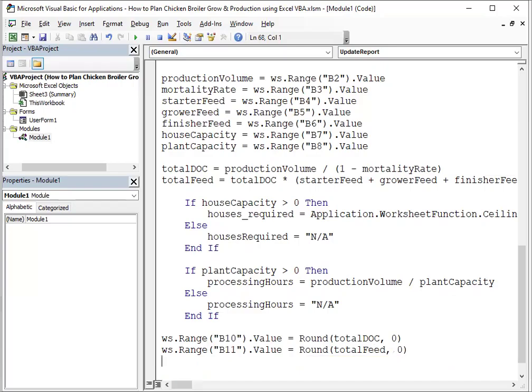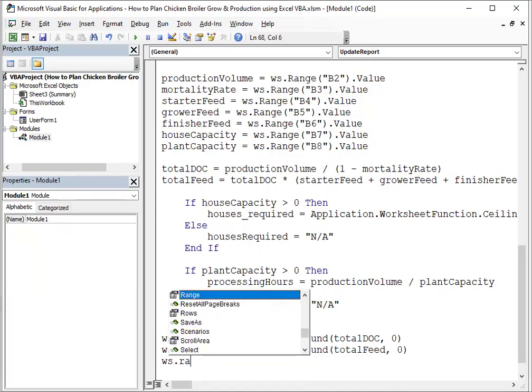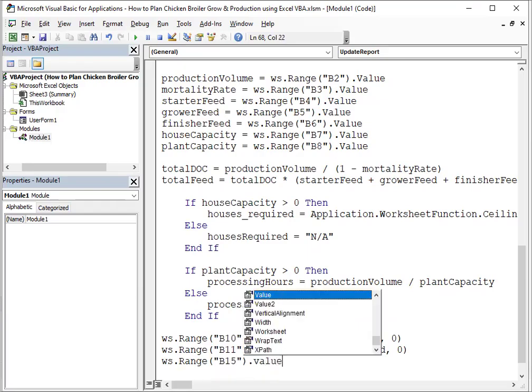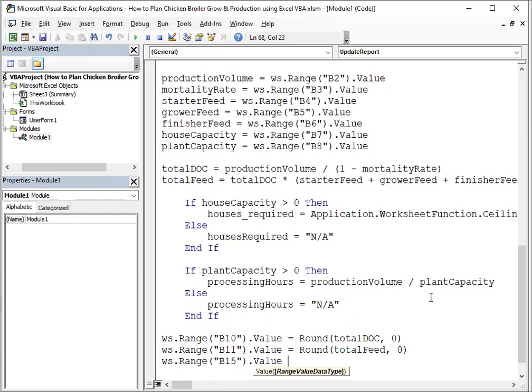Then the next one would be B15: ws.Range("B15").Value equals houses required.